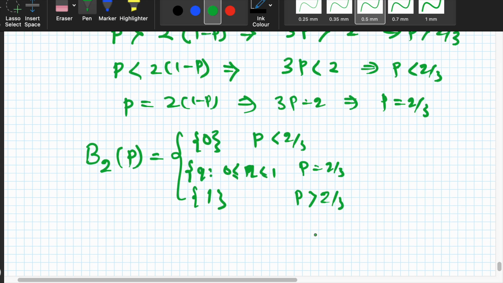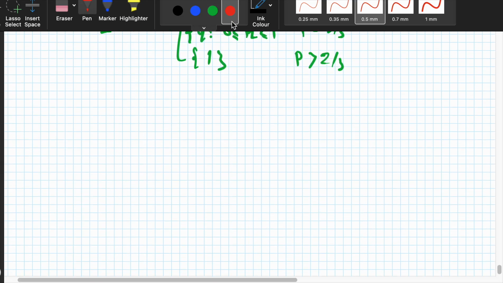So let's see pictorially the point where the two best responses intersect each other, and that will be the Nash equilibrium.